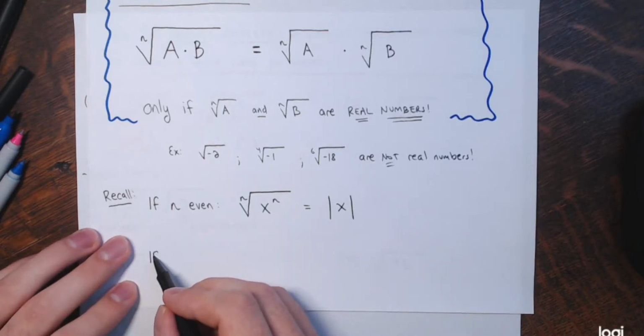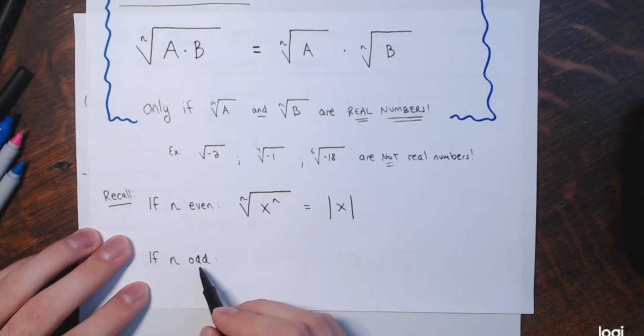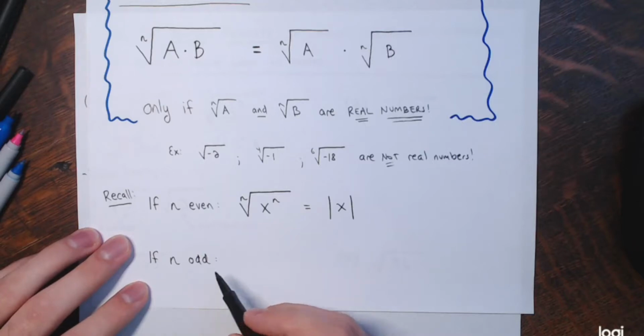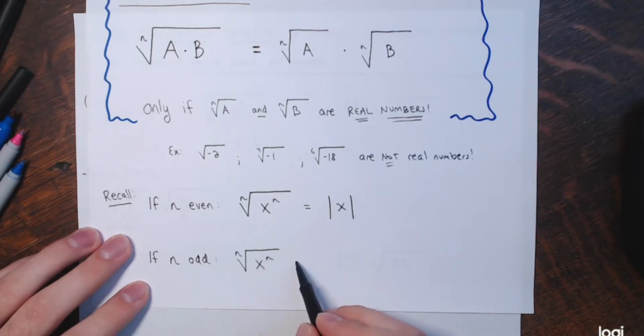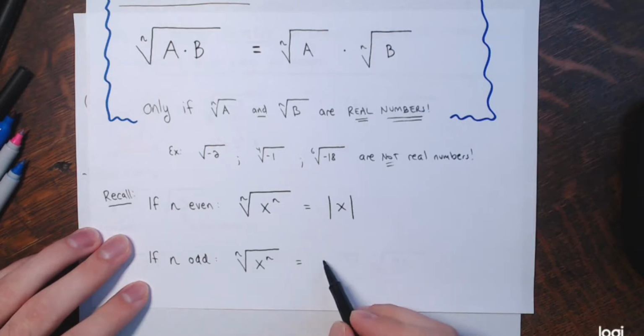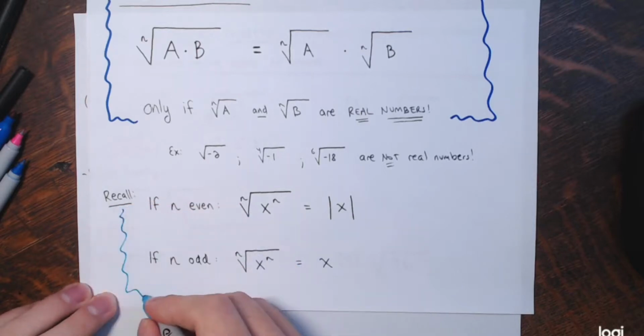Also, we're going to run into odd roots throughout this video as well. If n is odd, cube root, fifth root, seventh root, and so on, if you take the nth root of an nth power, they just undo each other. You're left with the base, and you don't need absolute value symbols, because an odd root can be positive, an odd root can be negative. All right, so hopefully you recall this from before.